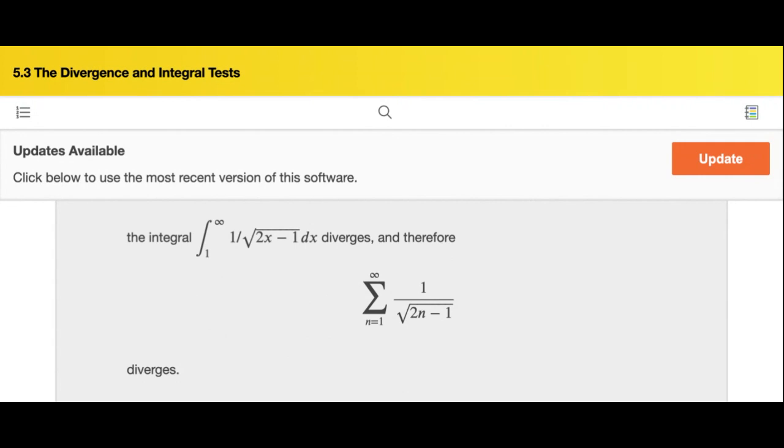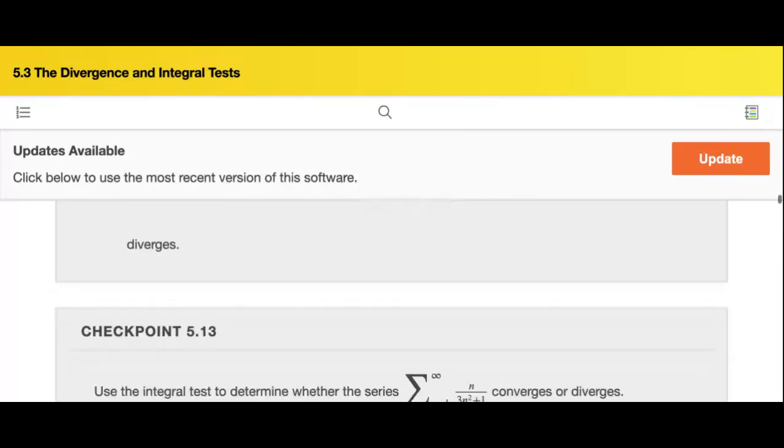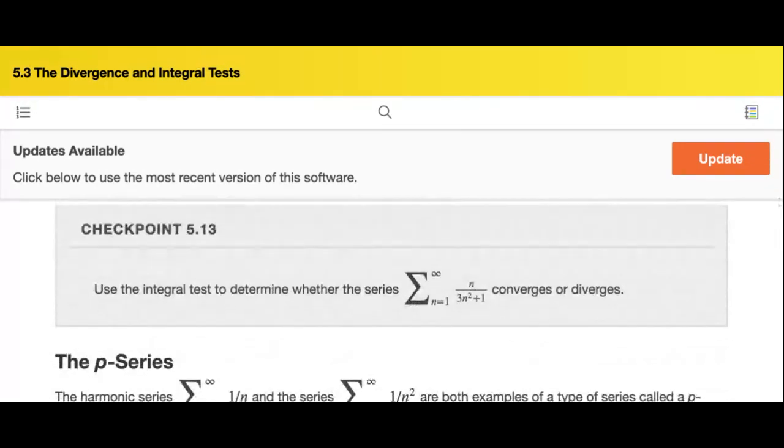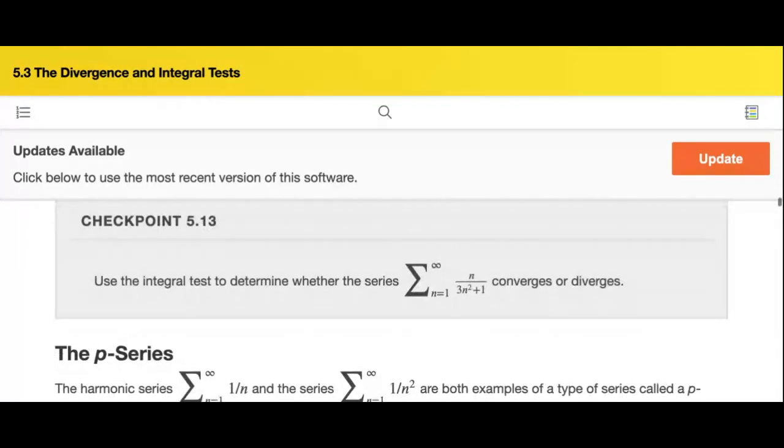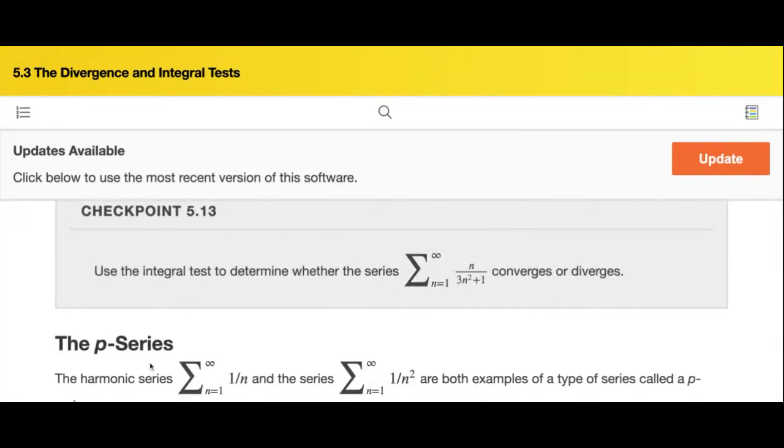Okay, does anyone have questions? Keep moving. Okay, why don't you try 5.13? Then we talk about p-series. Obviously, we want to compare with the improper integral from 1 up to infinity of x over 3x squared plus 1, right?